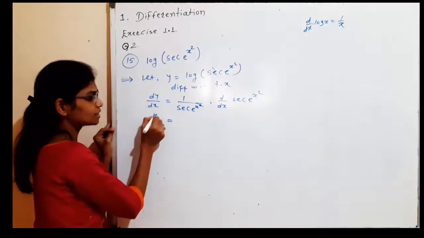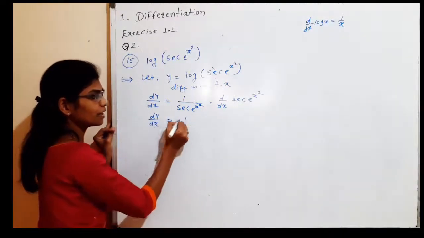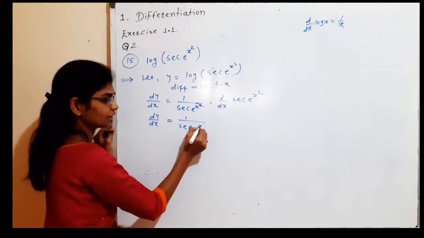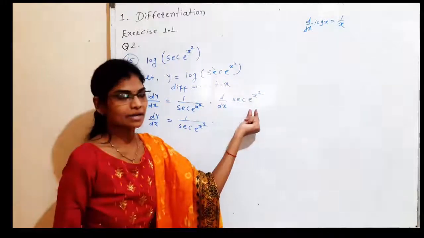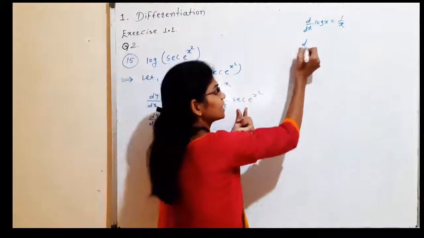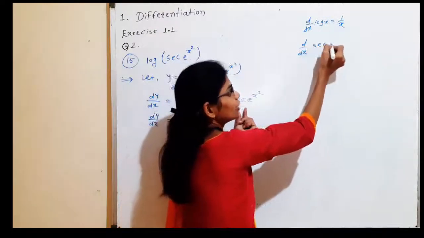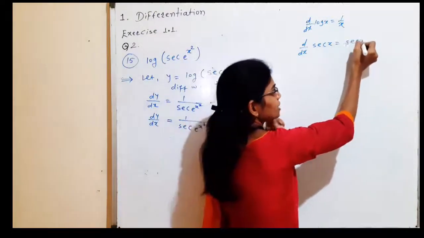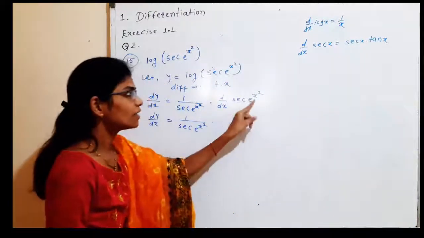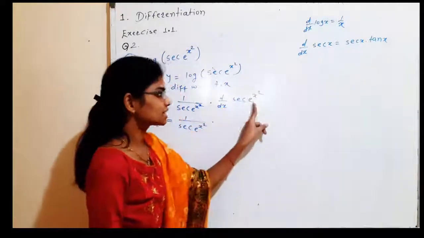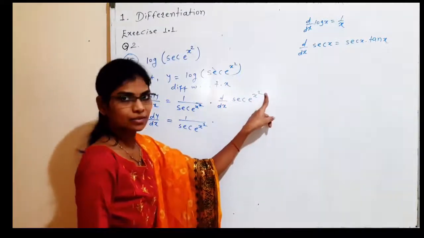At the next step, dy by dx is equal to 1 divided by sec of e raised to x square multiplied by the derivative of sec x. Here the term sec x is there, and we know that the derivative for sec x is sec x multiplied by tan x. Here the value of x we consider as e raised to x square.